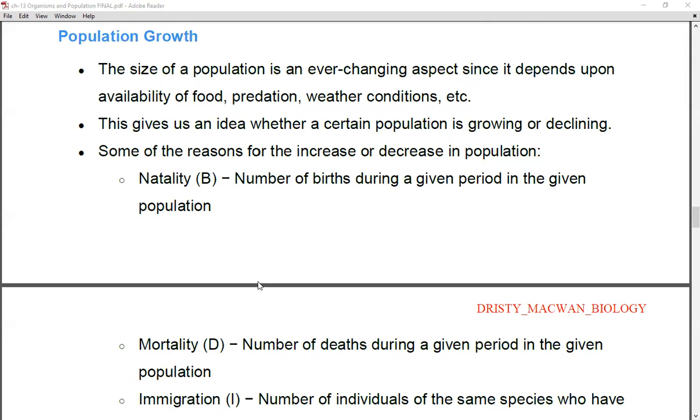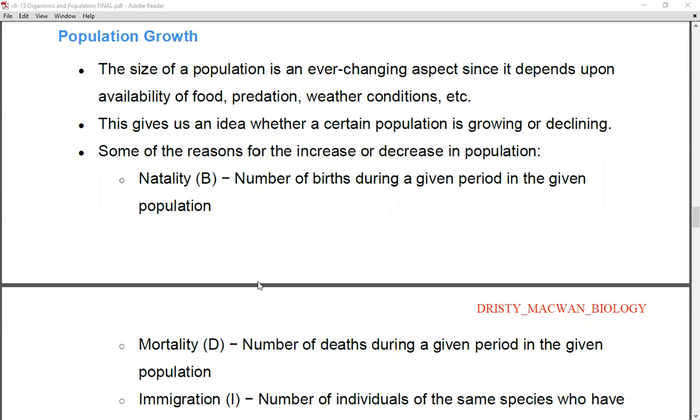So first is the availability of food. If a proper amount of food is available for the people to eat, then the population may grow. But if there is scarcity of food, then you will see a decrease in the population, because the people die in starving conditions, right? So it is based upon the availability of food as well as predation.